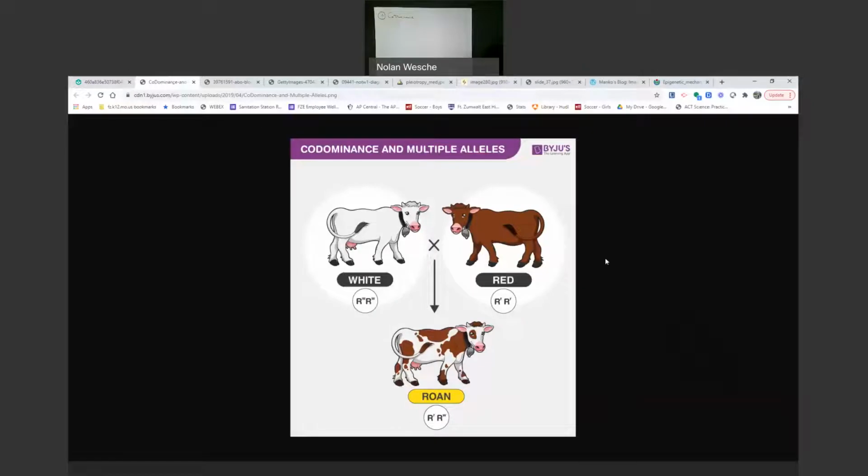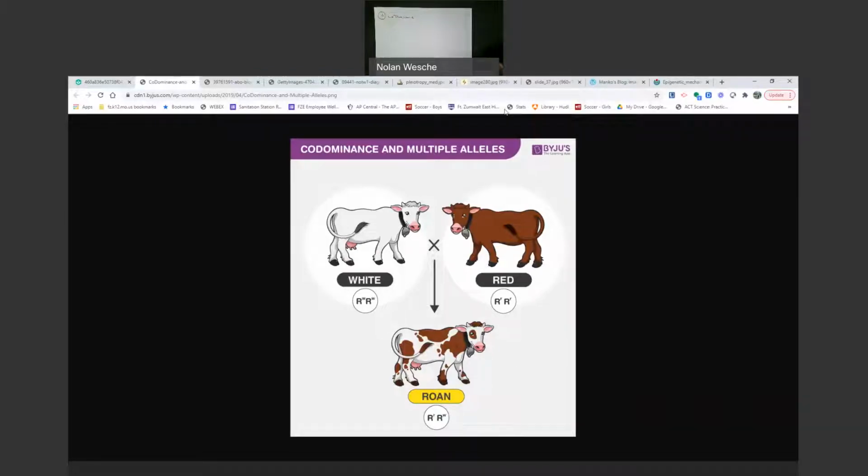So here we have white cattle and we have red cattle. And when we breed them, we don't have a pink cow, but we have this roan cow that shows both the white and the red hair being equally expressed. So they're not incompletely expressed, they're equally expressed. And we see the white and the red hair on the cow equally expressed. So this is what we call codominance.